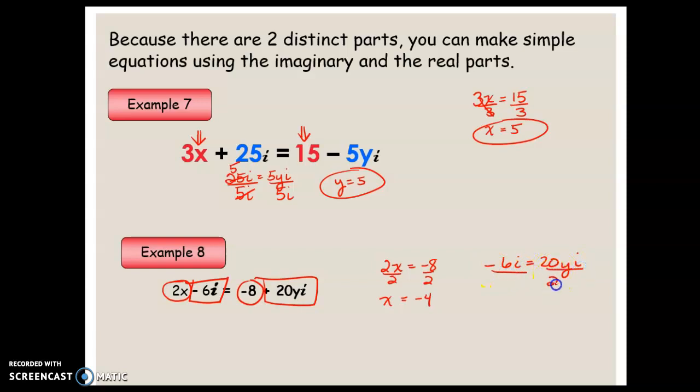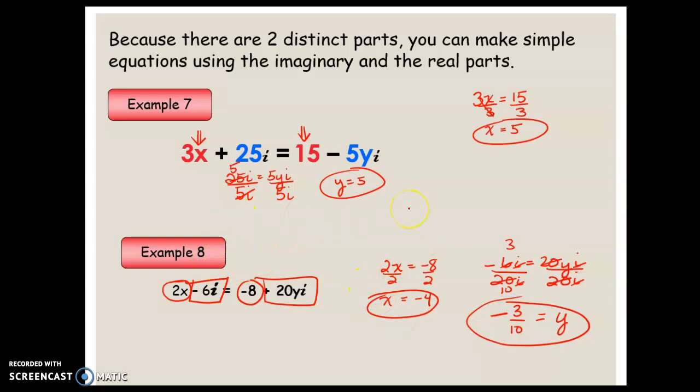You're going to divide by 20i, because that's everything that y is not. And y is going to equal negative. They're both even, so you divide by 2. And we've got the i's canceling out, so you'd have negative 3/10 is going to be what your y is.